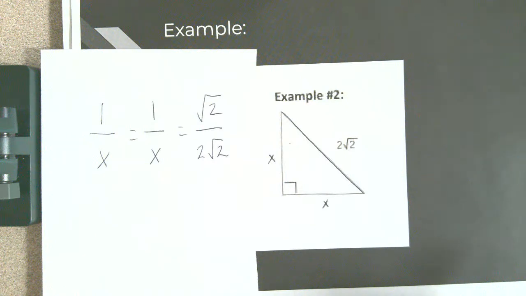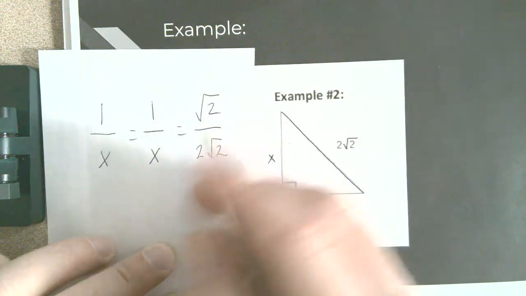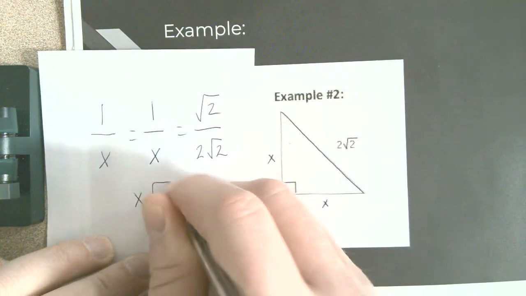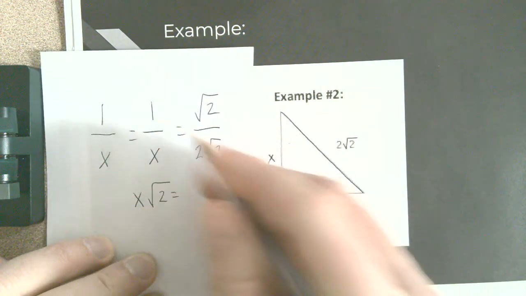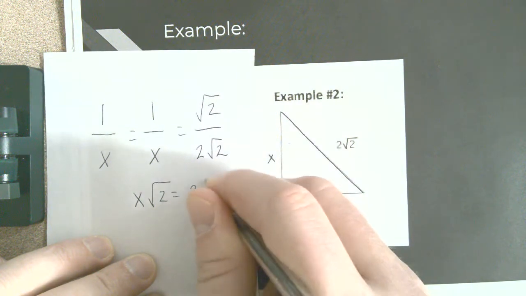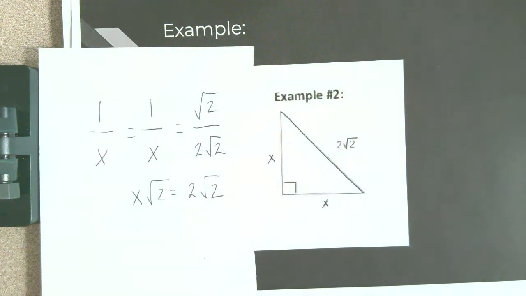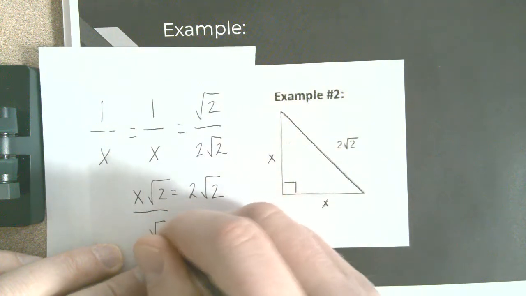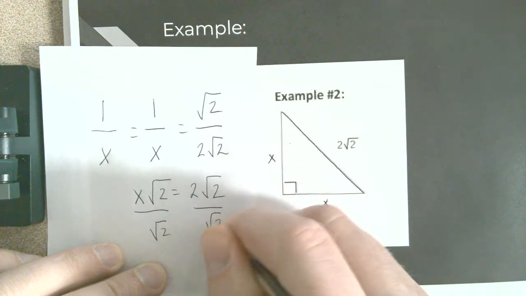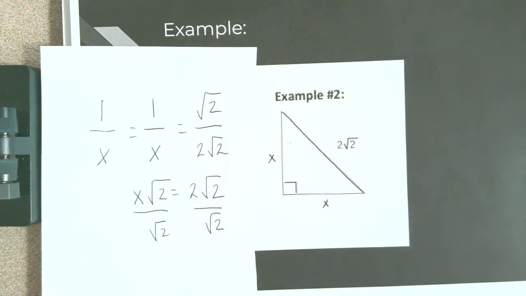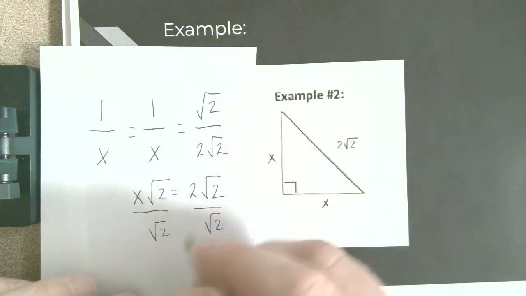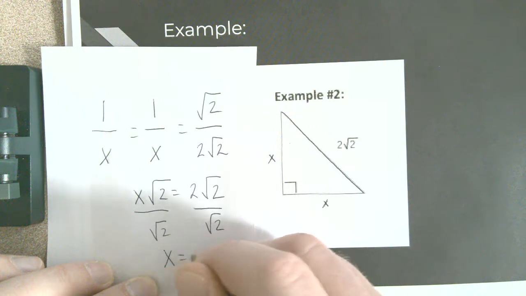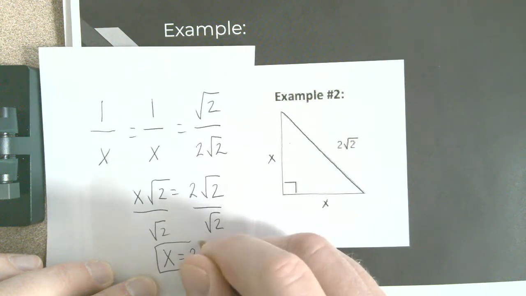Then from there, I can go ahead and solve my proportion. So x times radical 2 equals 1 times 2 radical 2, which is just 2 radical 2. If I divide by radical 2 to get x by itself, the radical 2's are going to cancel, so x is simply going to be 2.